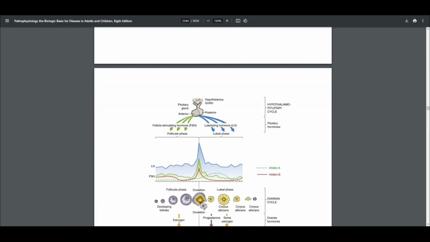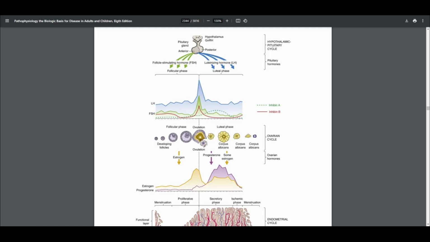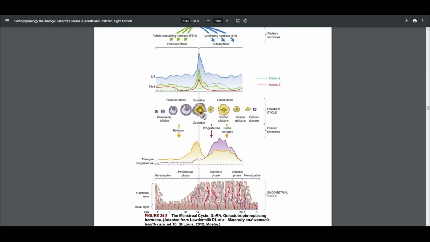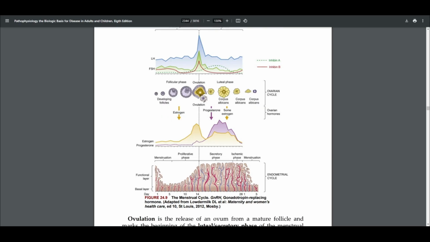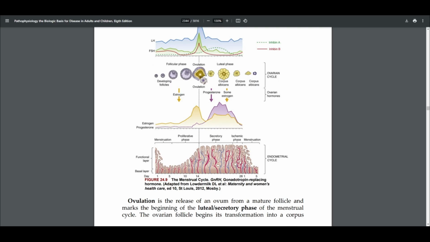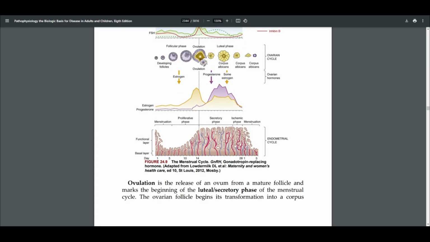So here you're taking a look at the different stages of ovulation in the menstrual cycle, your GnRH, or gonadotropin-releasing hormone. Ovulation is the release of an ovum from the mature follicle and marks the beginning of the luteal secretory phase of the menstrual cycle.